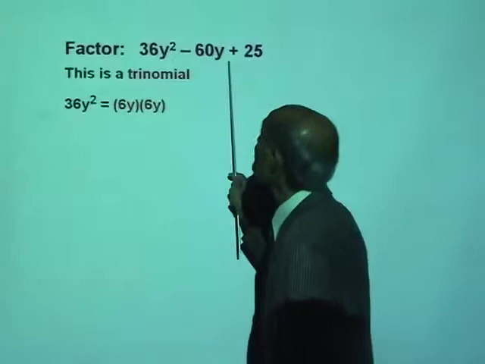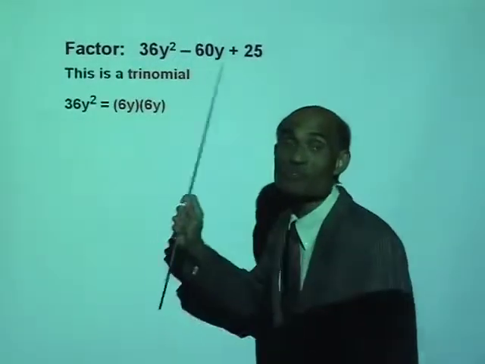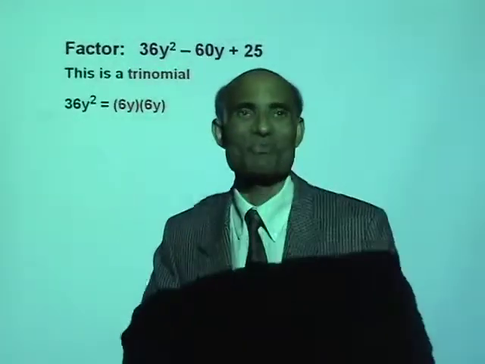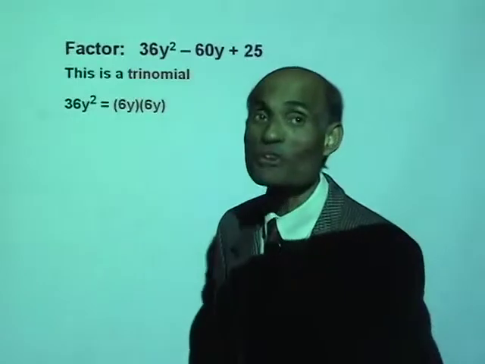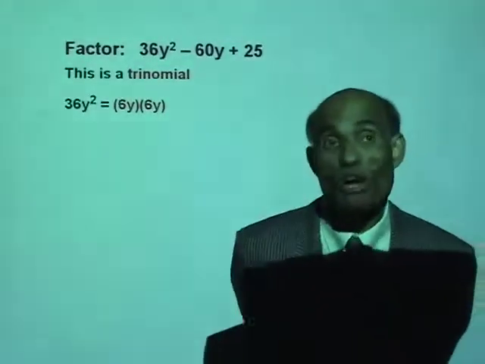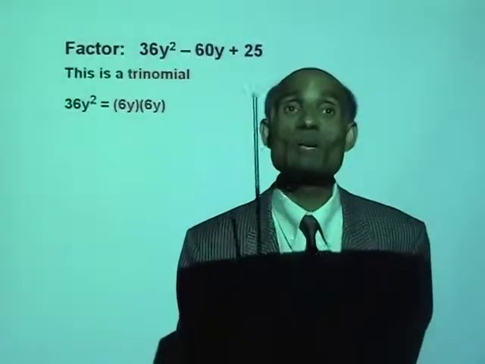Alright, I want you to now tell me. The last term is positive 25. The middle term is negative 60y. Tell me, how are you going to factor the last term? You need to factor positive 25, knowing that the middle term is negative.